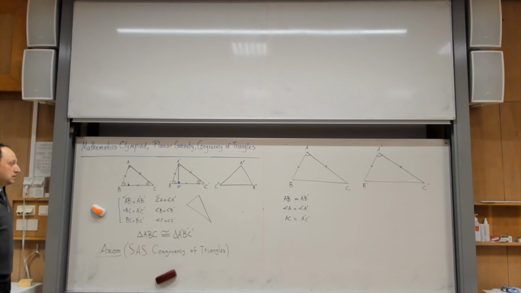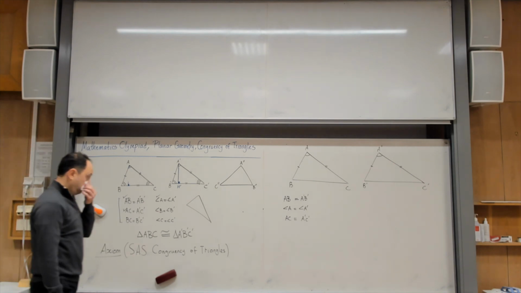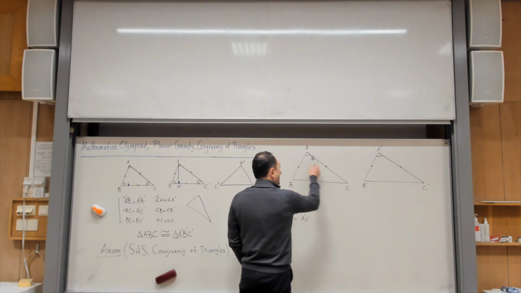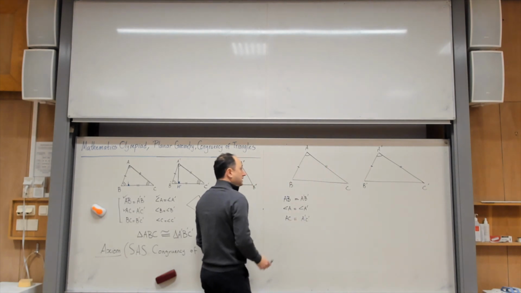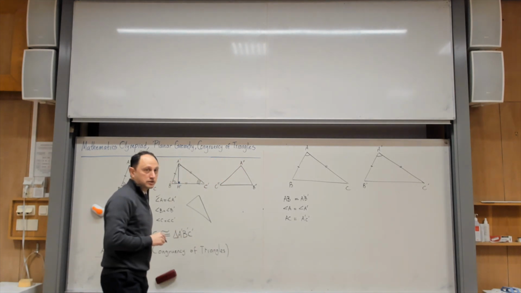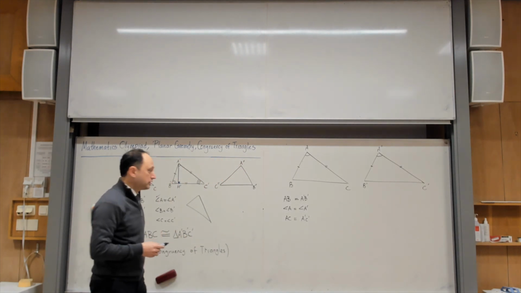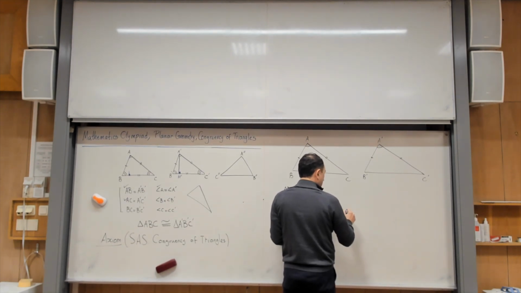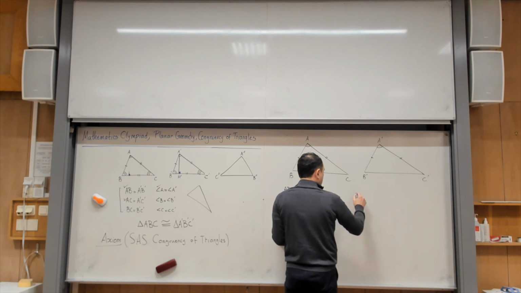Yes? Okay, and then let me just point something out, that it is crucial that this angle that you are comparing is exactly the angle between those sides, not any angle. Yes, for example, I don't know if we can manage to draw something. For example, let me take this triangle.